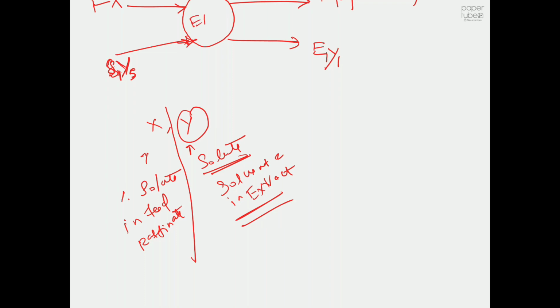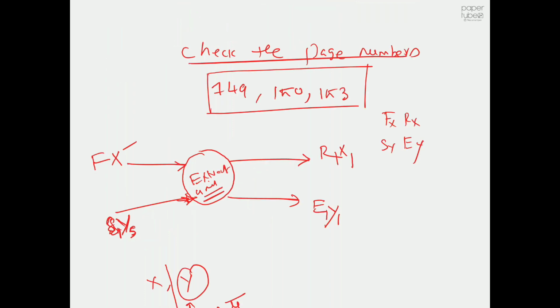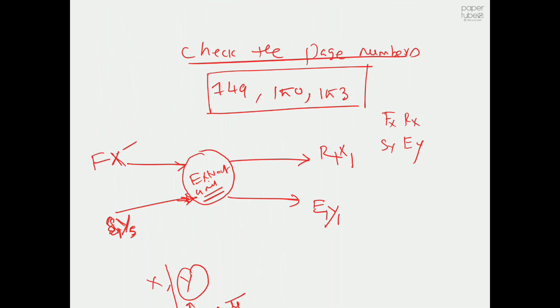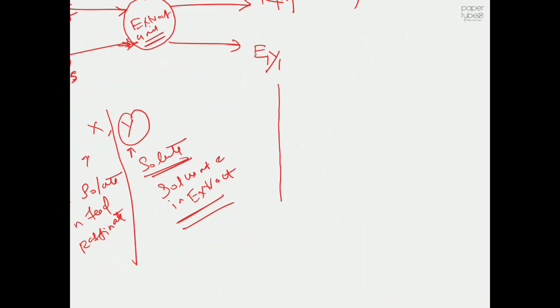So just stick to the notations, if not we will get confused very easily. This is our extraction unit, or if you want we can call this a mixer settler tank. So stick to those units, Fx, R1 X1, you can even put the suffix xF, x1, and so on. And then in lecture 5 part 2 I showed you how to plot your liquid-liquid equilibrium data on a right angled triangle.